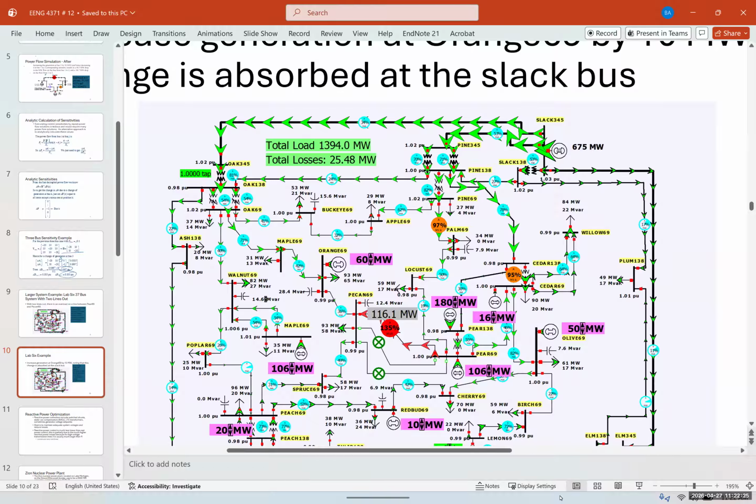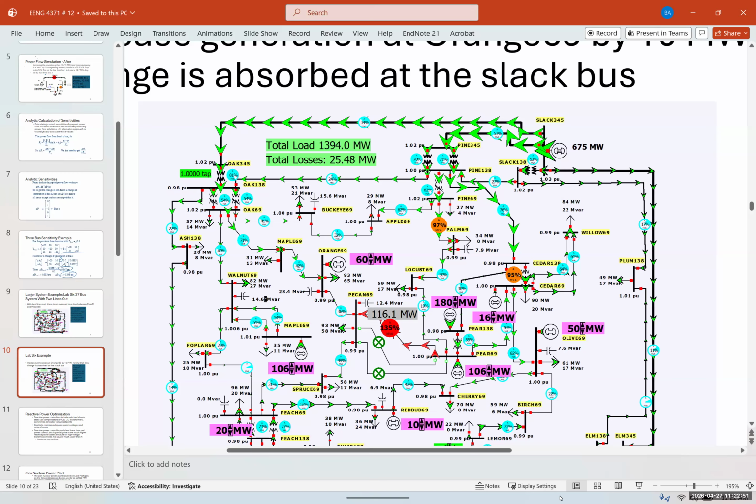So the flow changed by negative 5.3 megawatts for a 10 megawatt generation increase. The sensitivity is negative 5.3 divided by 10, which is 0.53 or 53%.